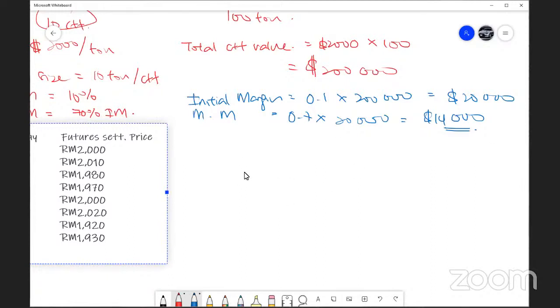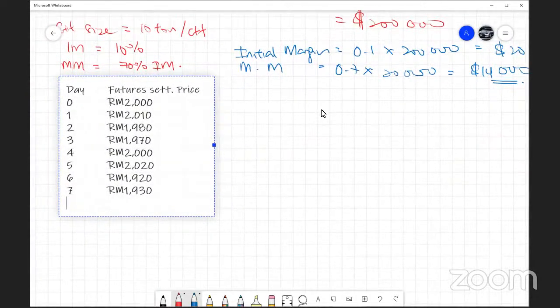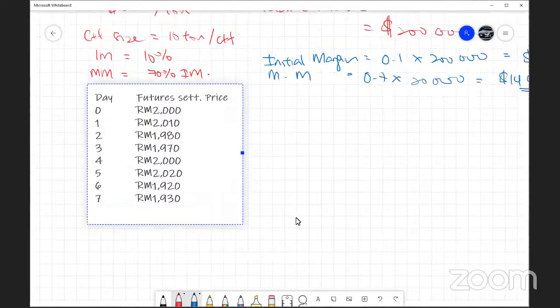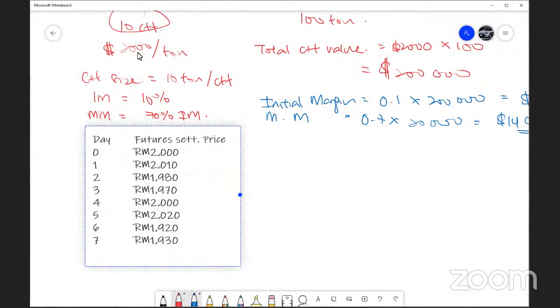Given to you are days 0, 1, 2, 3, 4, 5 until 7, and all those numbers are the futures settlement prices. Initially it is $2,000 per ton. After each day when they close, it closes at 2010, then 1980, 1970, and so on. Day 0 is the day you go into the contract.